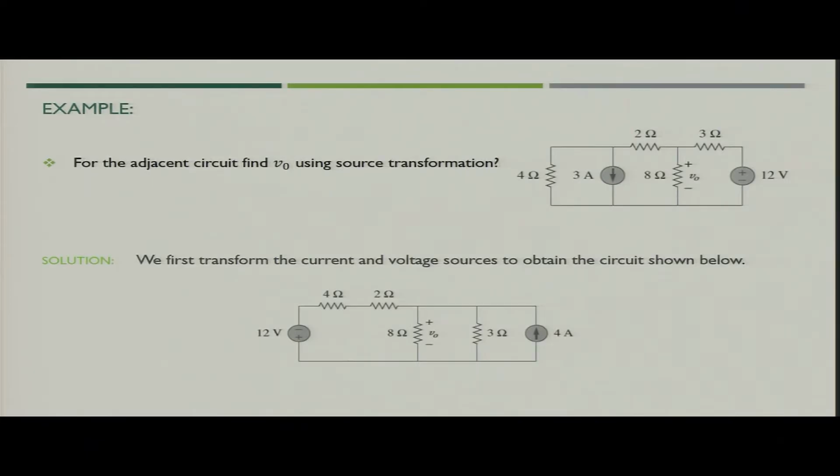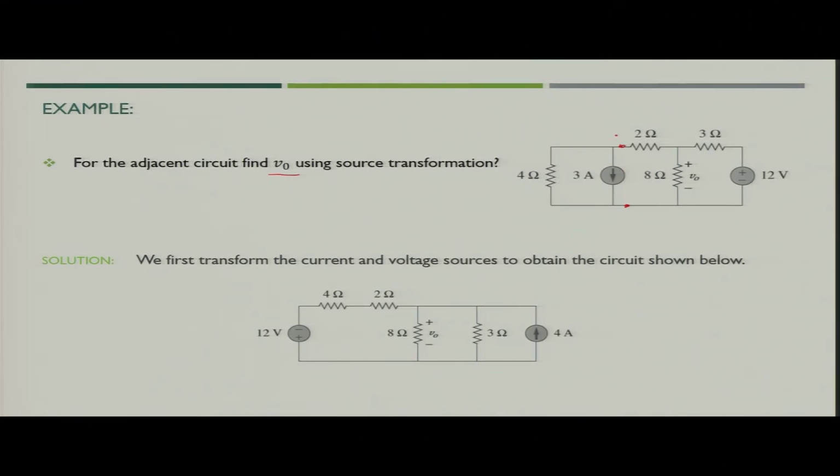Now, let us take one example so that you can understand the source transformation concept. Suppose the circuit is given like this and you are asked to find the voltage V naught which is across 8 ohm, how will you solve?